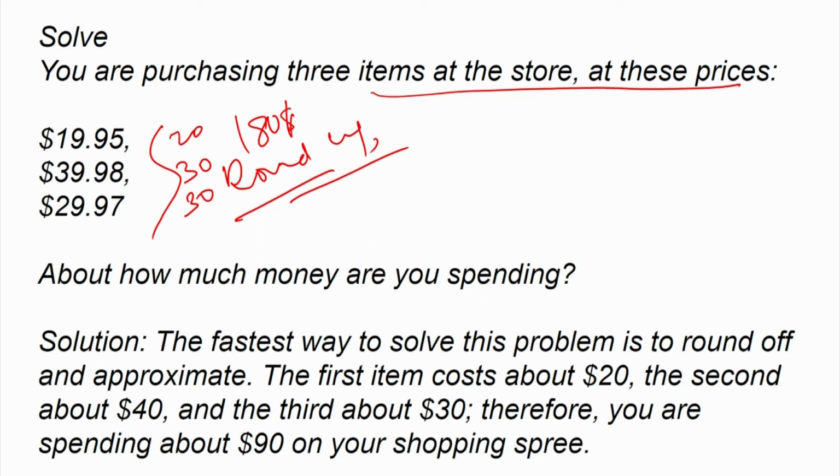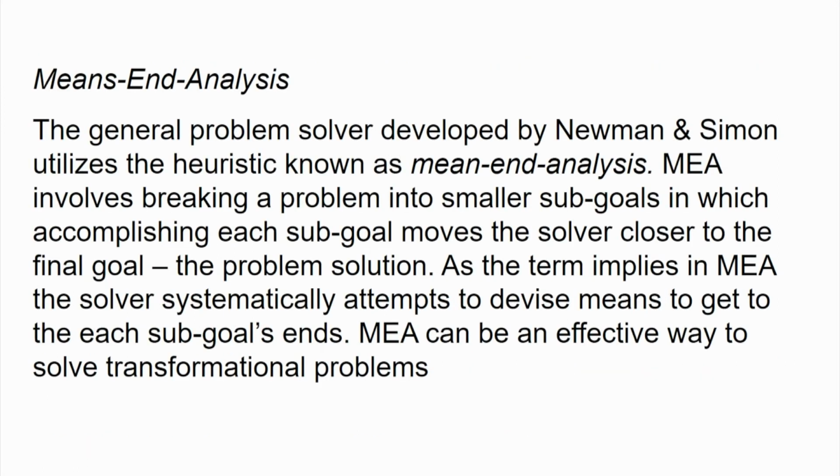Generally speaking, most people will say that I spent $80 on purchasing 3 items. What I have done is I have rounded up, and this rounding up is called the heuristic, or this is the mental shortcut. So, the fastest way is to go ahead and round up, and this is what is called the heuristic way of solving a problem.